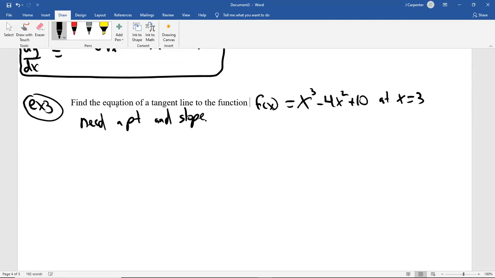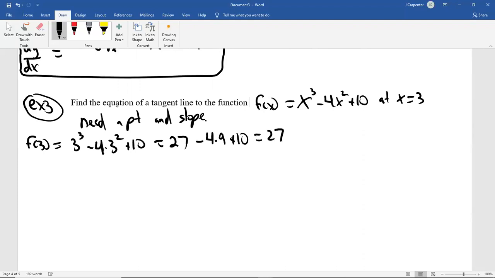We were given half a point. This x equals 3, that's half of a point. It's the x coordinate. What's the y coordinate? Find the y coordinate by plugging it in. So f of 3 would be 3 cubed minus 4 times 3 squared plus 10, which is 27 minus 4 times 9 plus 10, PEMDAS.